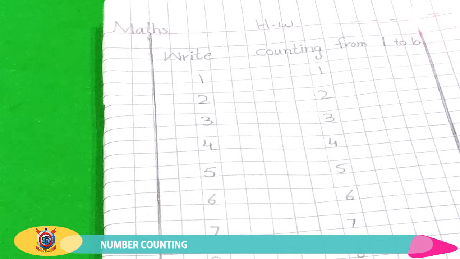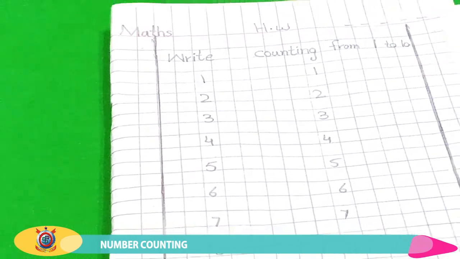Okay, students, now come to the next line. Here you will write W-R-I-T-E, write. It's your question, so you will write counting from 1 to 10. Good.